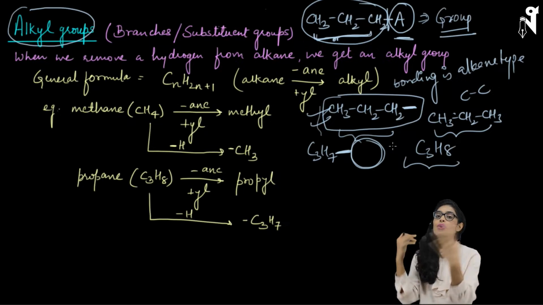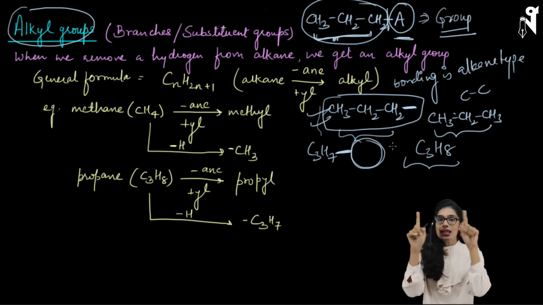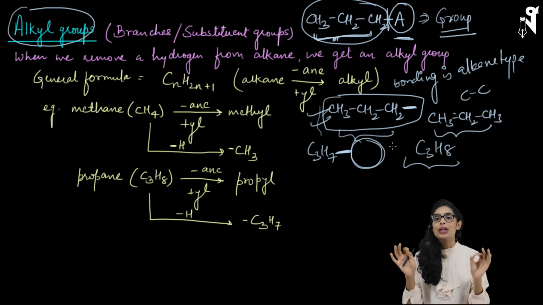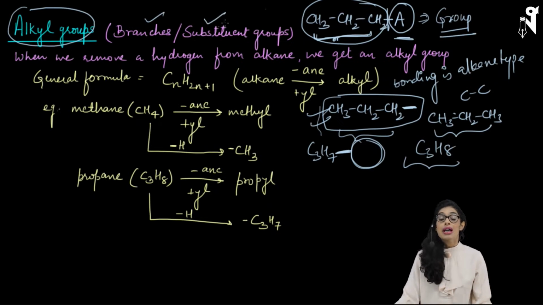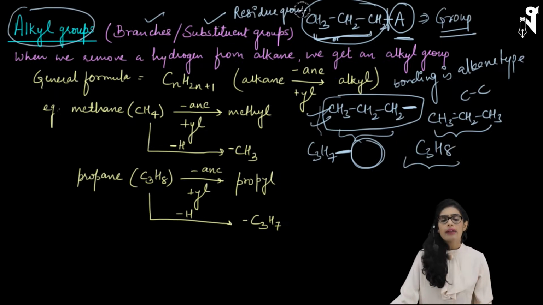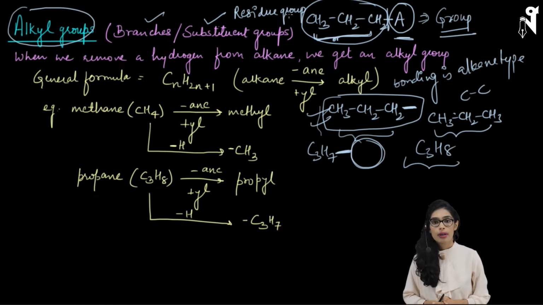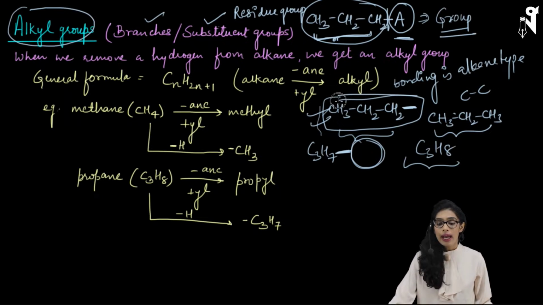that means any other group apart from hydrogen, then this part becomes an alkyl group, which is also called a substituent group. We can call it a branch, a substituent group, or a residue group, and there are multiple such names. So this part is one thing, and the other thing is the group present along with it.